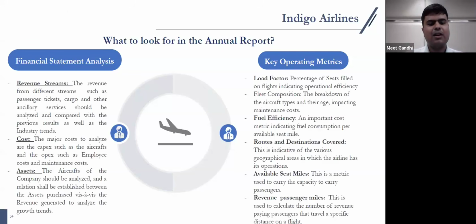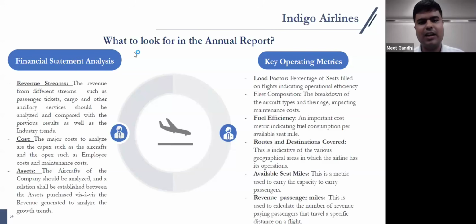Now, talking about the assets, they could be purchased or leased, as we spoke before. The lease could also be of various types. A specific airline industry terminology is something called a wet lease or a damp lease.